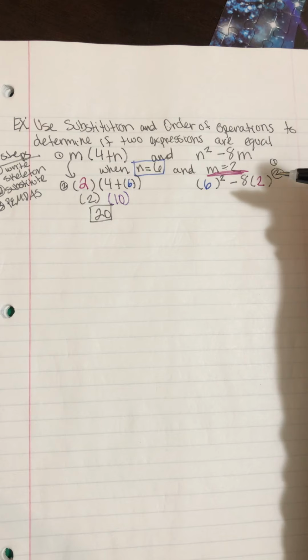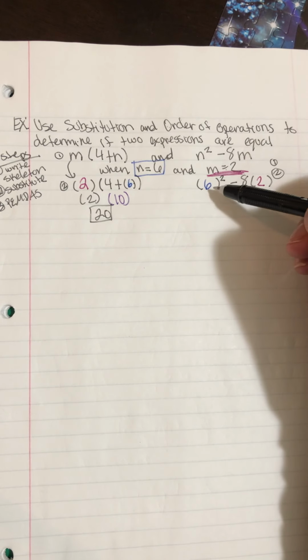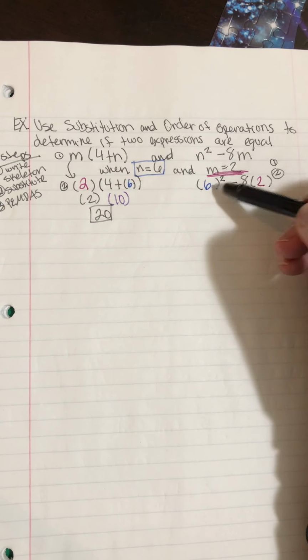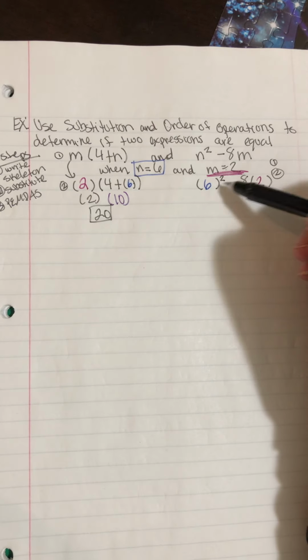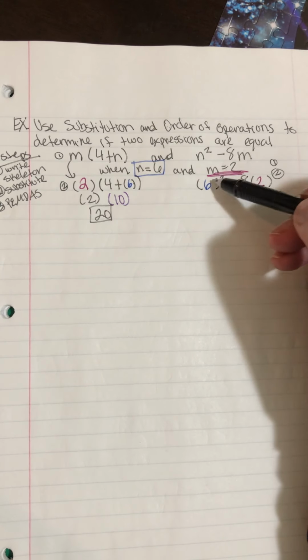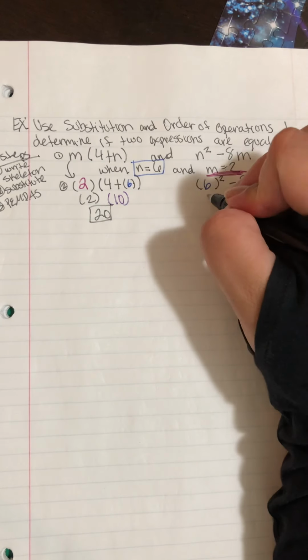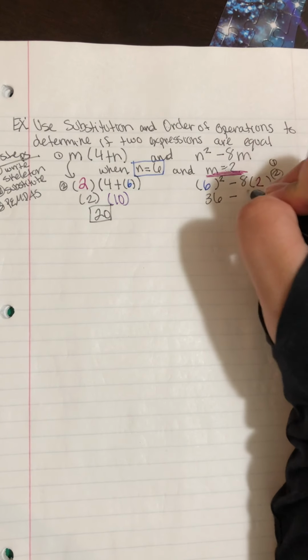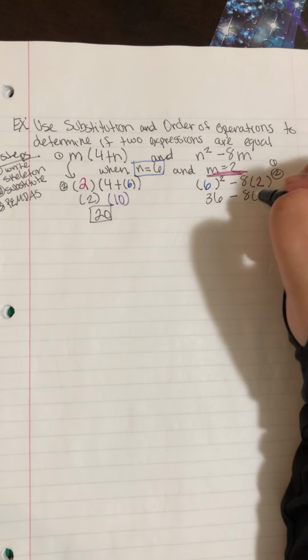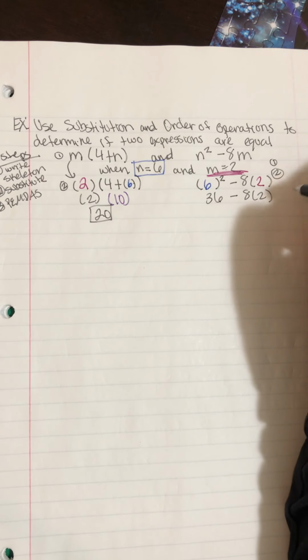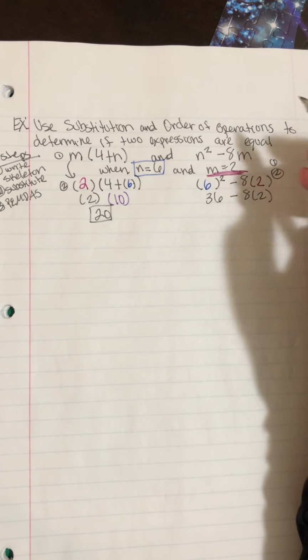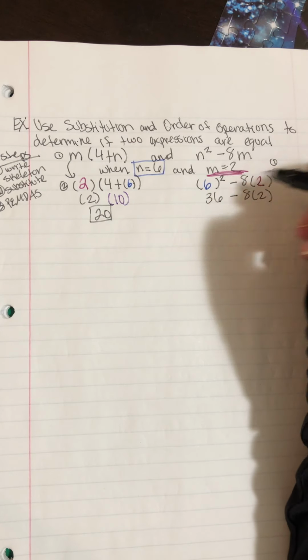Now we're going to apply our order of operations. Parentheses inside, they're already simplified in both sets of parentheses. The next step would be exponents. So we're going to have 6 squared, which is 6 times 6, which is 36, minus 8 times 2. We already did parentheses and exponents, and next is multiplication and division, left to right.